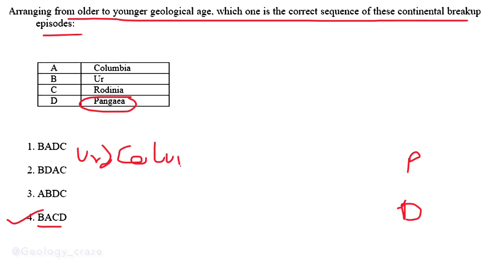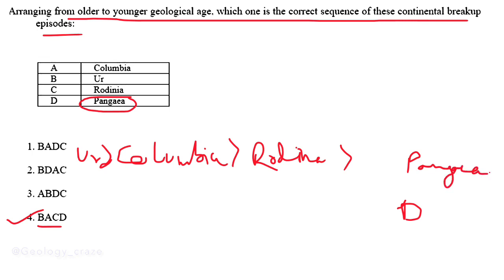Columbia, Rodinia, and what are the things that are related with this particular setup. You should know the idea of those things. What is going to happen in Pangea? What is going to happen during Rodinia, Columbia?